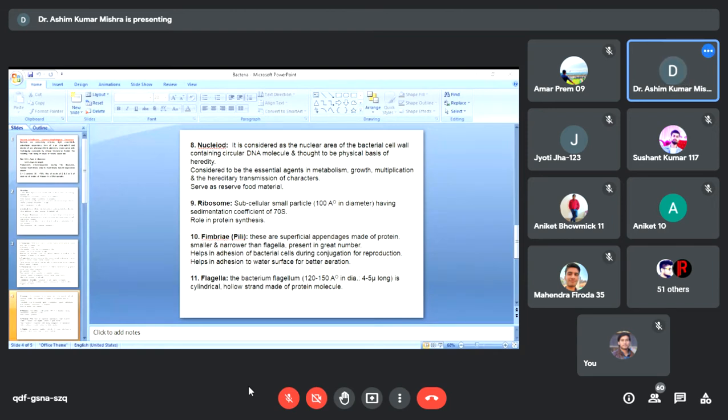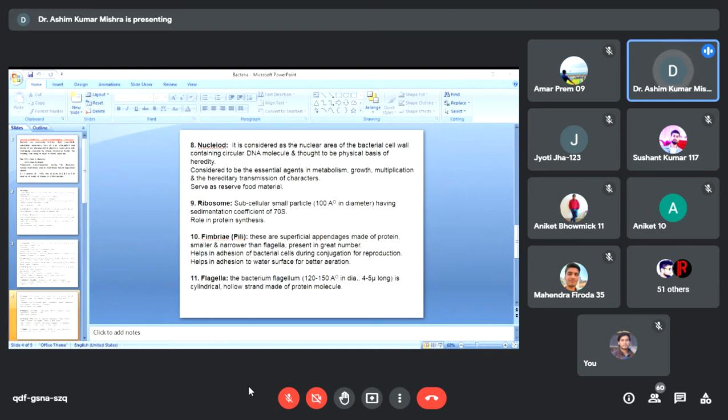So it is an ultracentrifuge, high speed, with cooling. When rotated there, 70 is the value at which the pellets settle down in the centrifuge tube. That is the value.